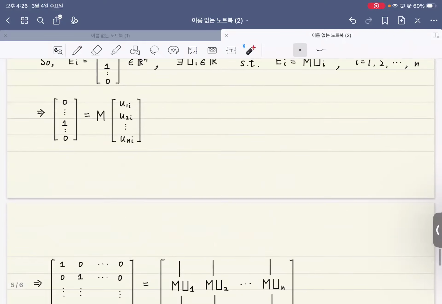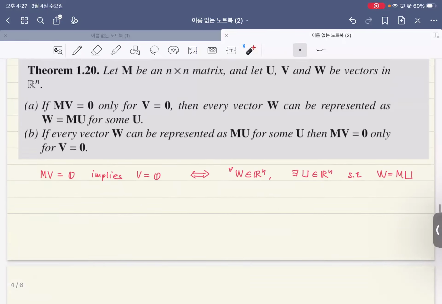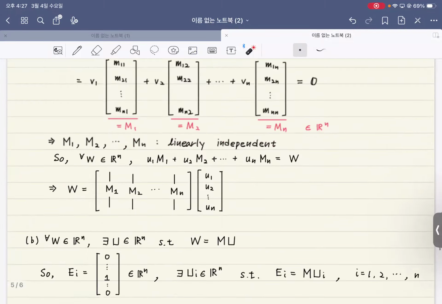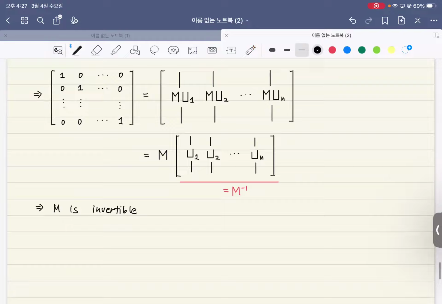Okay, good. Now what I'm supposed to do is prove that Mv equals 0 only for v equals 0. Suppose that this is true, then I need to show that v must be 0. So suppose M times v equals the 0 vector.